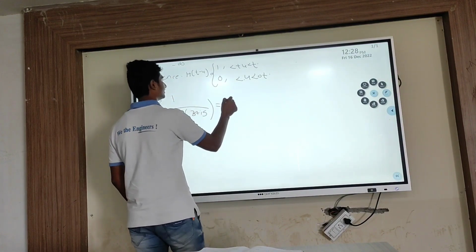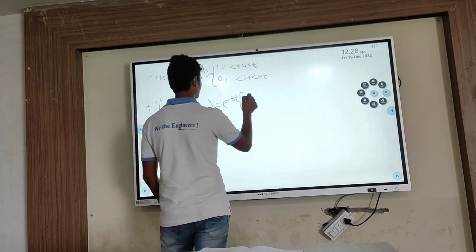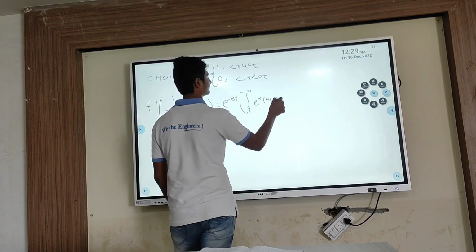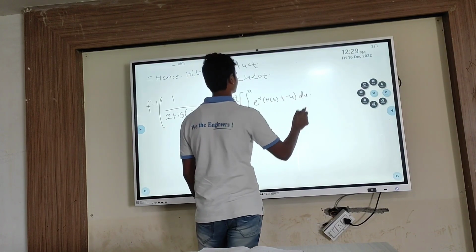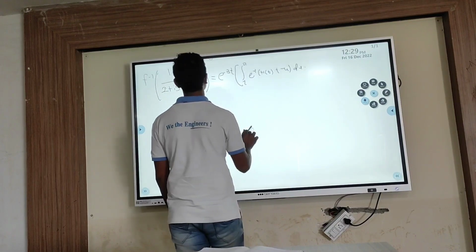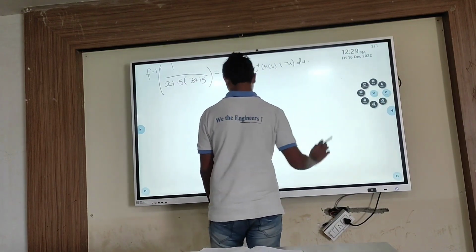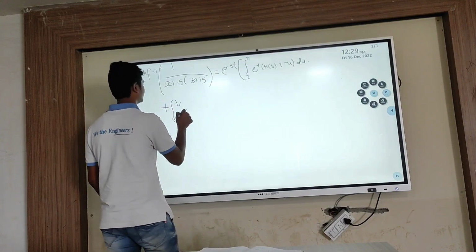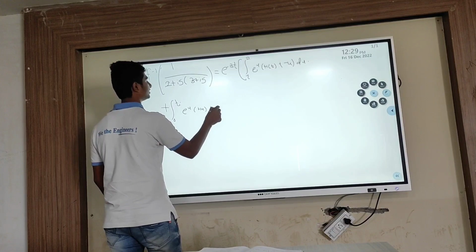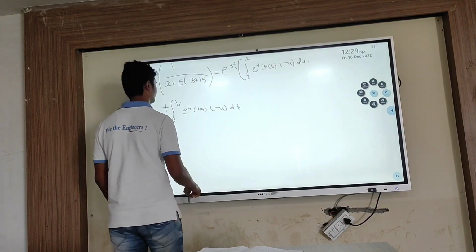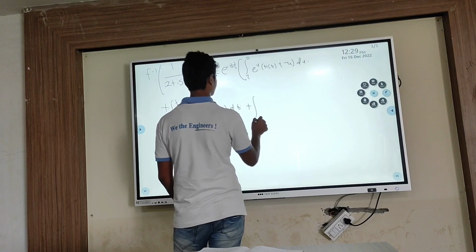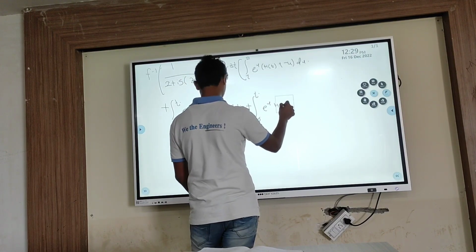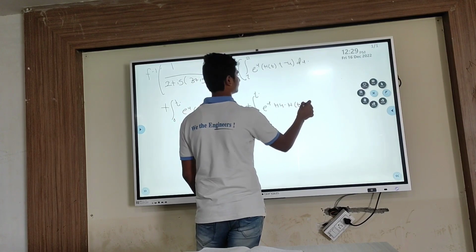So e raised to minus 3t, integral from 0 to t of e raised to u h of t minus u du. So we can calculate plus 0 to t e raised to u h of u h of t minus u du, plus 0 to t e raised to u h of u h of t minus u du.